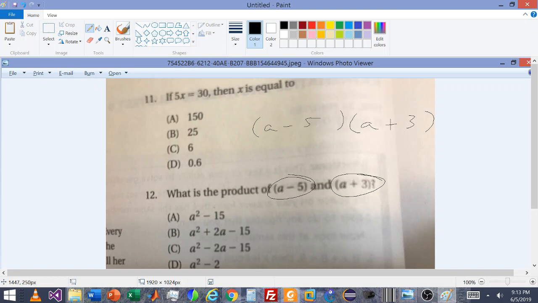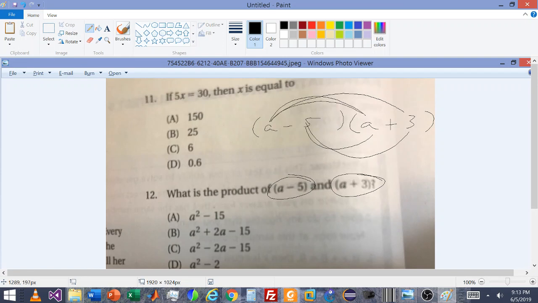That's a common memory mnemonic used to identify how to do this, but basically you have to multiply everything times everything. Every term has to be multiplied. The way I do that is I always start with this term and multiply it times both, and then I go to this term and multiply it times both. So let's do the front term first, and then we have to simplify and combine.